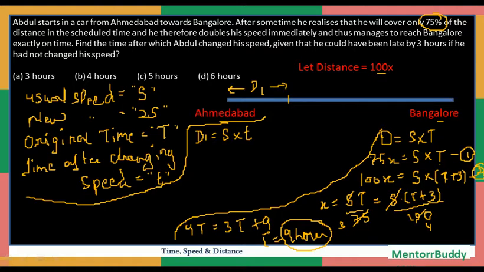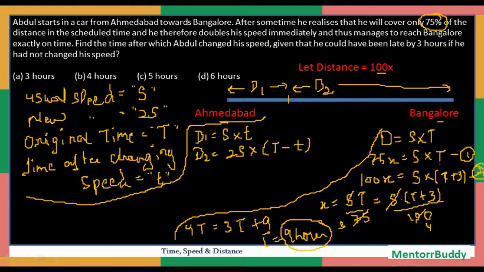After driving for small t hours he covered the remaining distance, let's say d2. This remaining distance d2 is covered at the speed of 2s, and total time we have considered capital T, so the remaining time will be capital T minus small t hours.